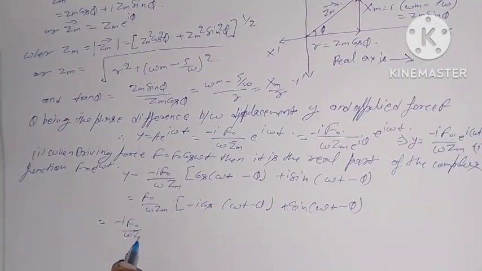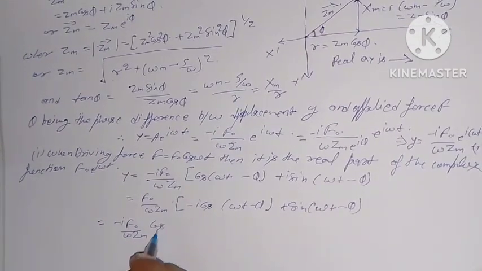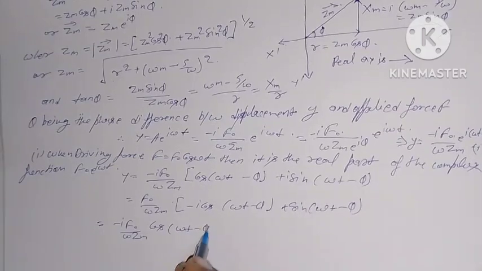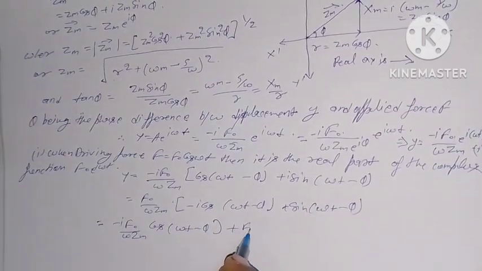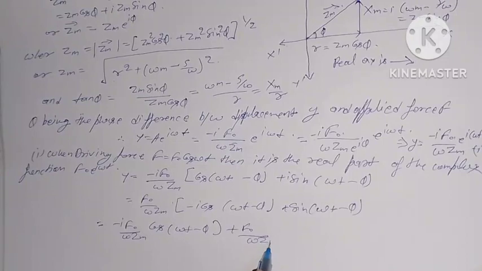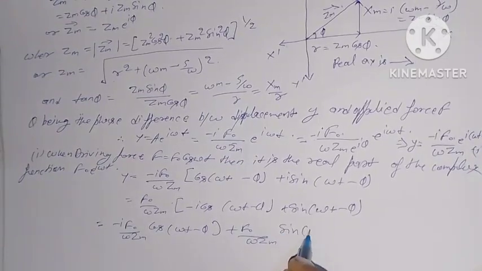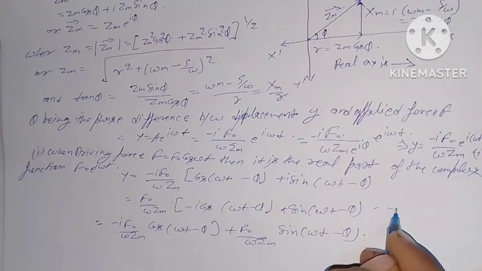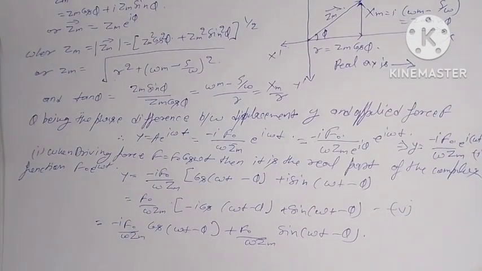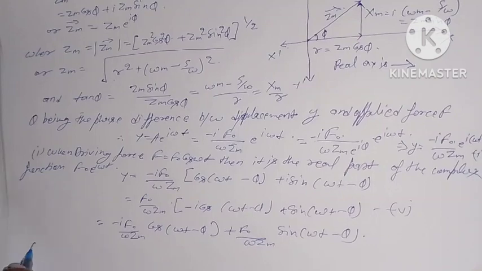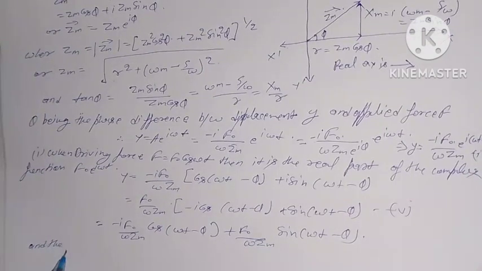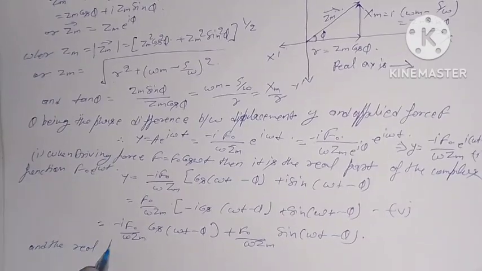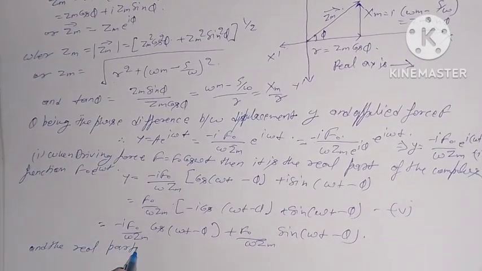That is, -i F₀ / (ω Zₘ) cos(ωt - φ) + F₀ / (ω Zₘ) sin(ωt - φ). Okay, this is equation number 5.